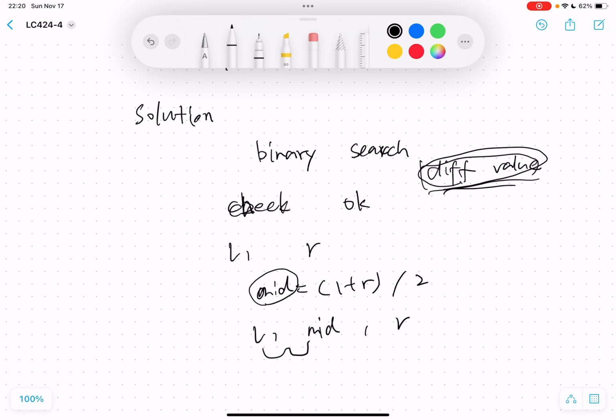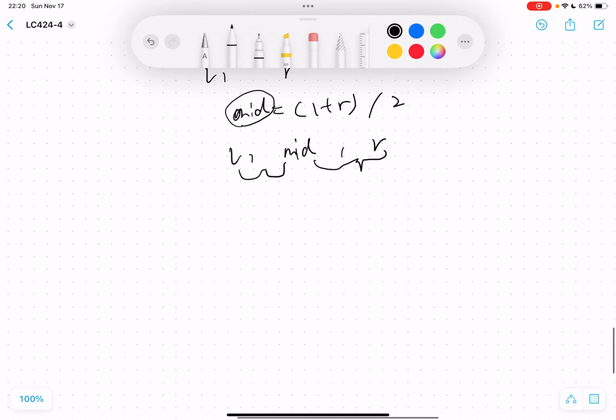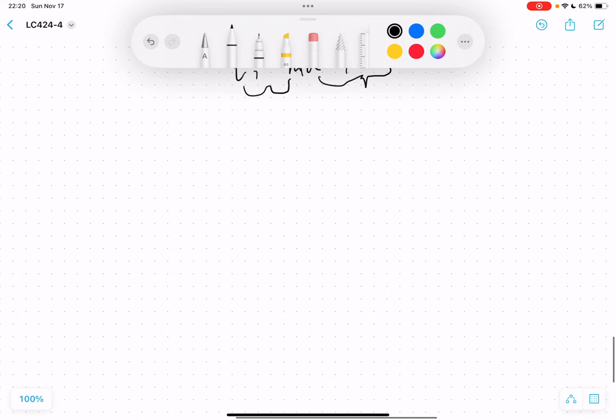In contrast, the answer should be in the right half interval. This is how to use the binary search algorithm. In addition, the main part for this problem should be how to write the check function for a specific diff value.